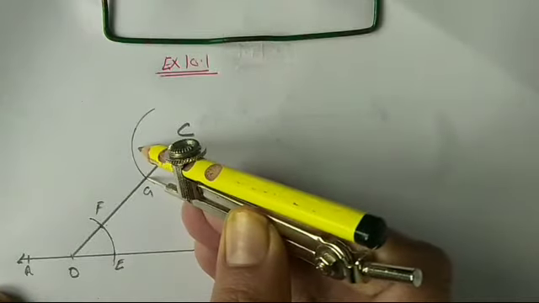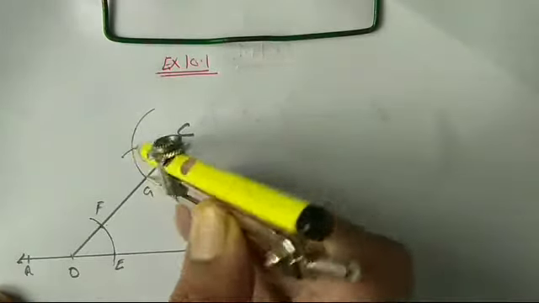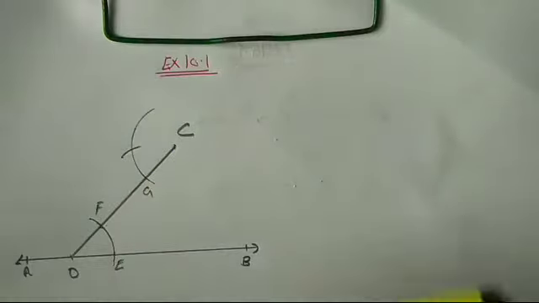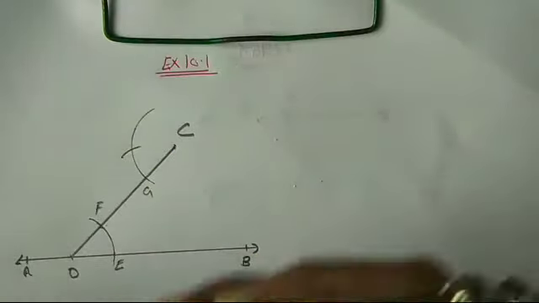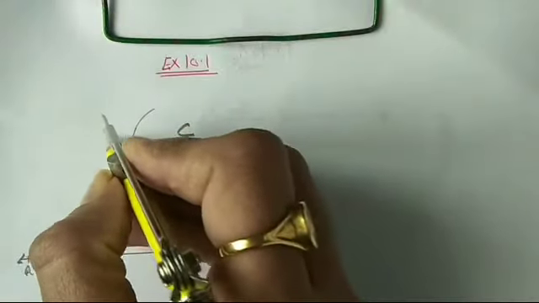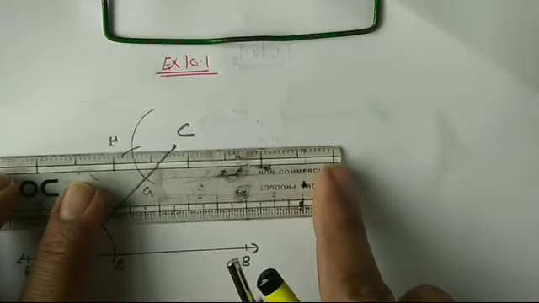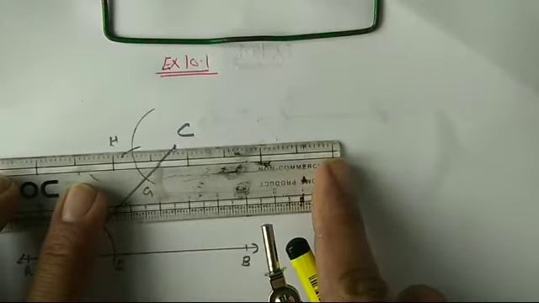This point we mark as point H. Now we draw a line passing through C and H.